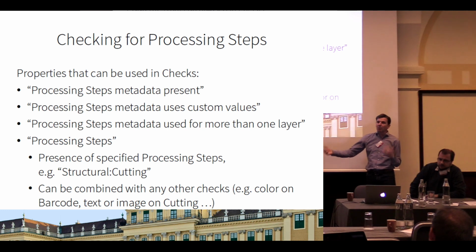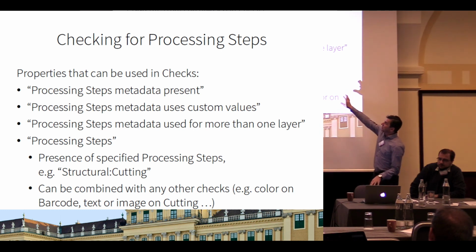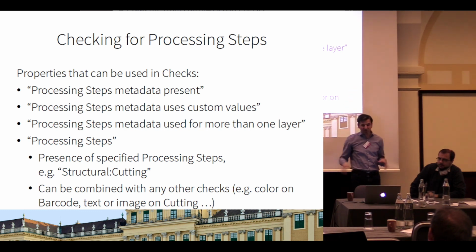So there is one that allows you to find out whether there is processing steps metadata. You can find out whether processing steps metadata uses custom values. You can find out whether the same metadata is used for more than one layer, which would be perfectly fine with the standard.